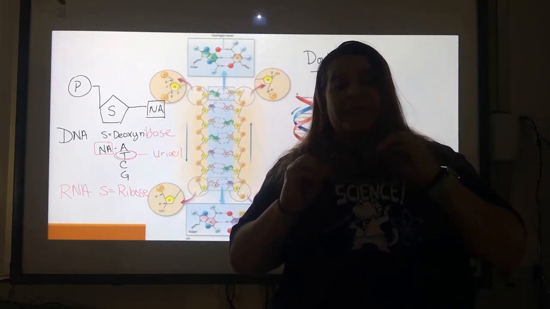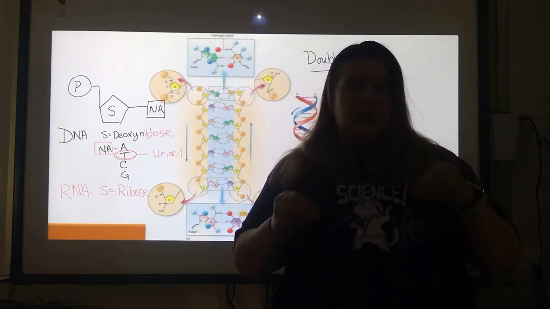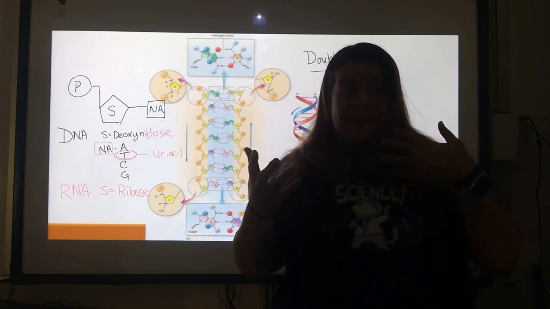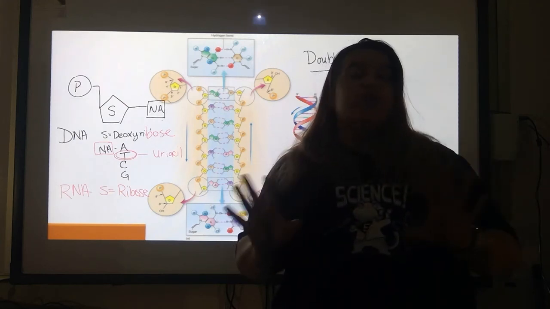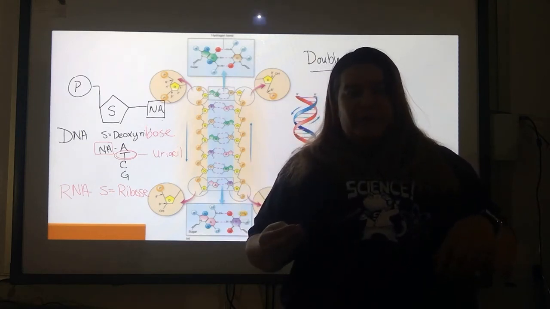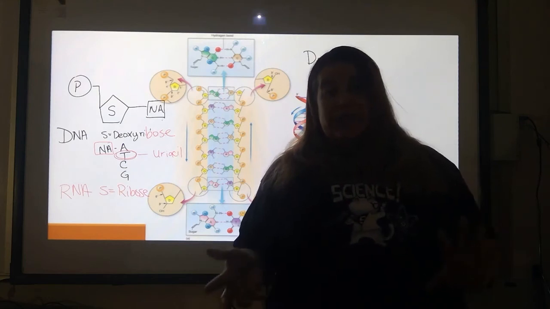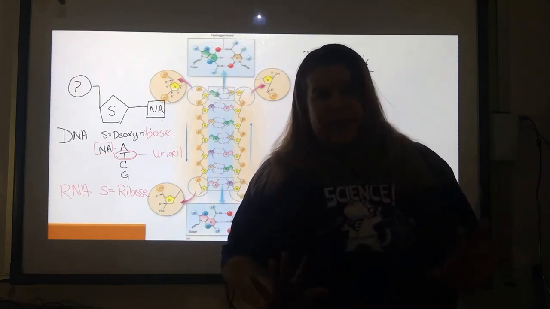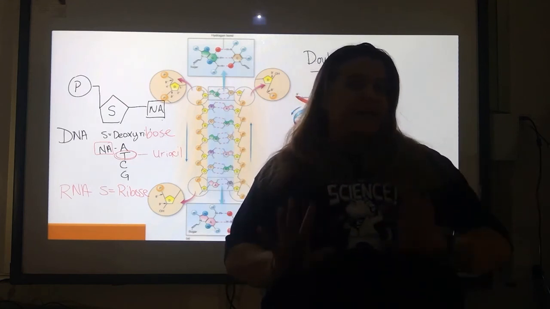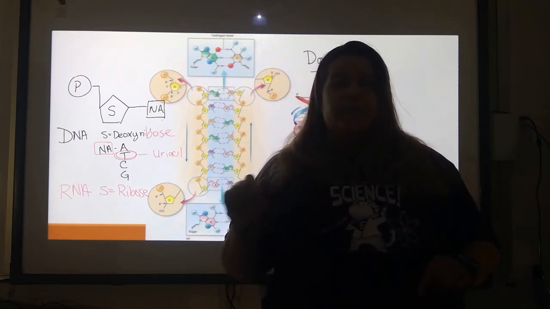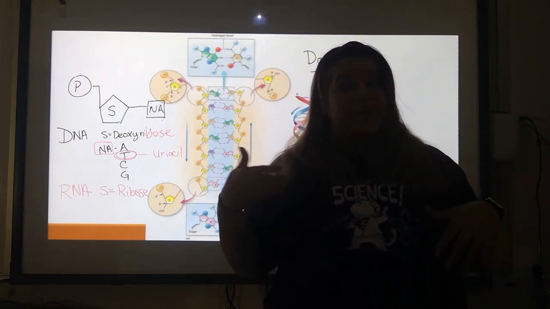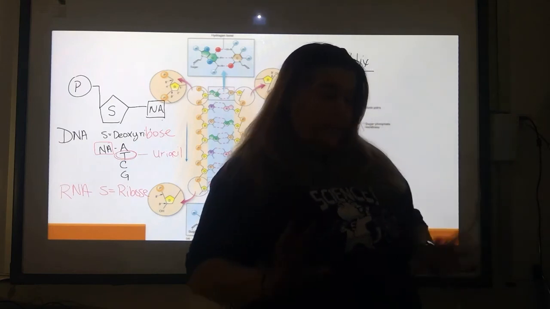The unique factor of those two nucleic acids means that you can, just by looking at sequence, determine what you're looking at. Sugars are a bit more difficult because when it comes to looking at sequences, usually they're not going to say anything about the sugar, but they will give you the nucleic acid sequence. And if you can see a uracil, if you can see a thymine, you know which one you're examining.